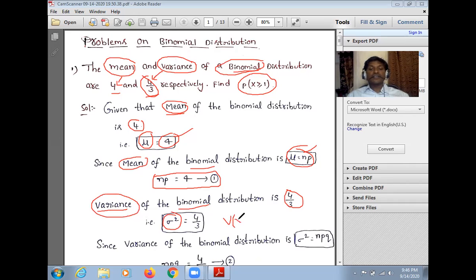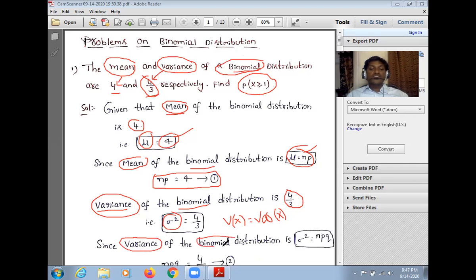In different symbolic notations we use these for variance. Any one of these can be used in place of variance. Here I use sigma square, so sigma square is equal to 4 by 3. Now, the variance of the binomial distribution, this one also we already proved.